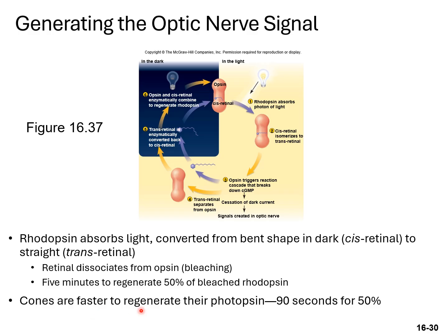Cones are much faster to regenerate their photopsin, so 90 seconds for 50%, which means that's why the cones are going to be available when it's light outside and we see color. And with cones we see pretty good in the beginning, but the longer you're looking, the less likely you are to see different colors.